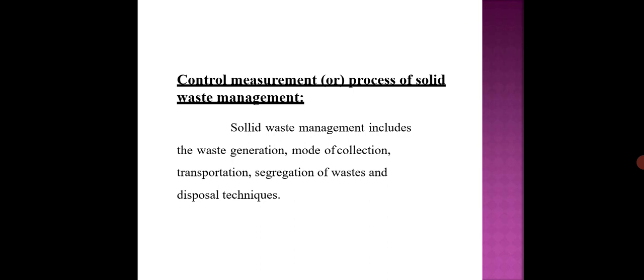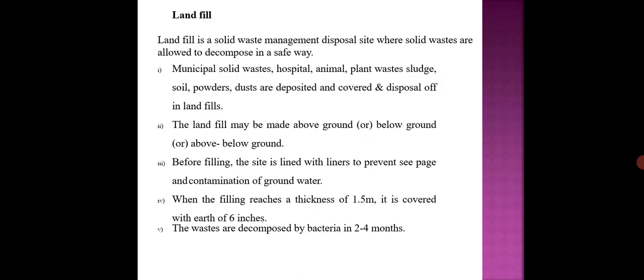control the solid wastes. Solid waste management includes waste generation, mode of collection, transportation, segregation of waste and disposal techniques. Initially, solid wastes are generated from all kinds of sources, particularly from the domestic side, commercial side and construction side.